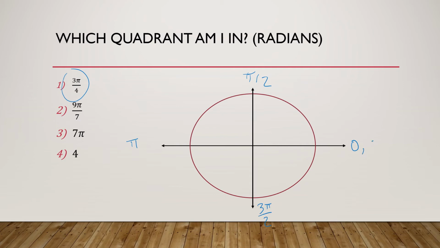And then it really helps to think about fractions. So I kind of like to see this as 3/4 of pi. When I think of it that way, I know we're more than half a pi, but we're not quite 1 full pi. So that would tell me that 3 pi over 4 would end up right here in quadrant 2.